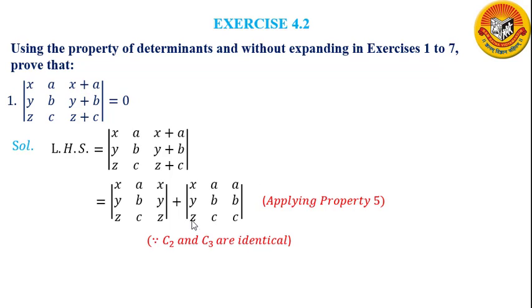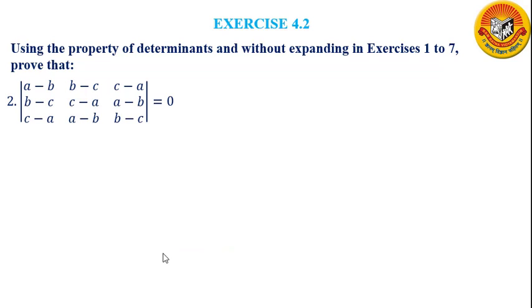Now in the first determinant, the first column and third column are identical, and in the second, the second and third columns are identical. So this is 0 and this is 0. This is property number 3, in which if any two rows or two columns are identical, the value of the determinant is 0, right? So the left hand side is the right hand side. This is my answer.